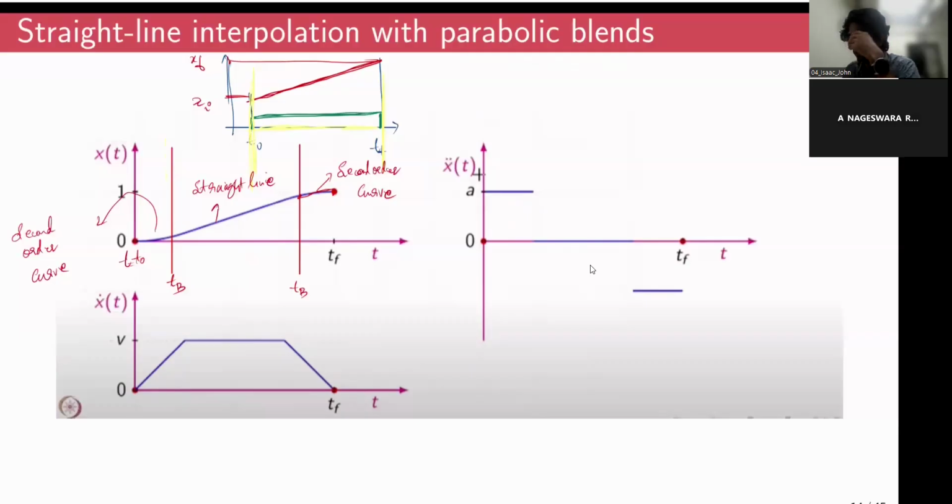So that's about trajectory planning using straight line, but with parabolic blends at the beginning and at the end of the trajectory. Everywhere else, it's linear. It's a straight line in time.